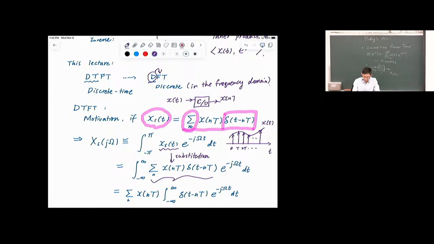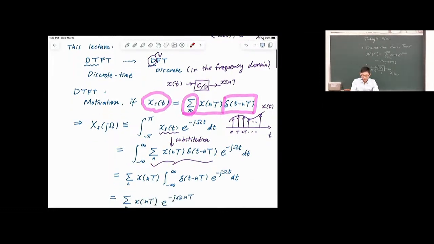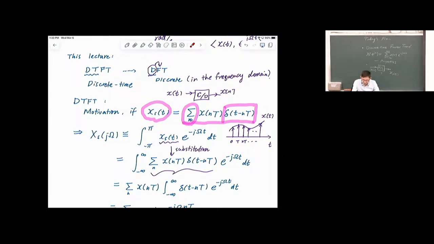Just make the substitution, and then what's next? I wrote something wrong. Does anybody spot an error? This should be minus infinity to infinity.